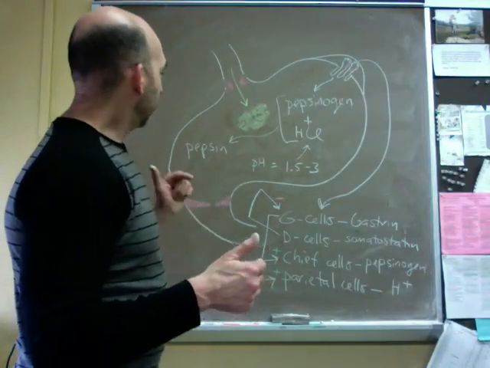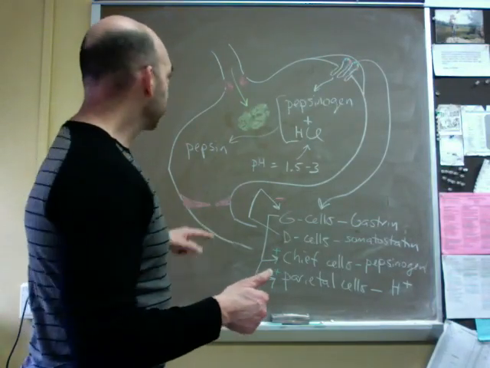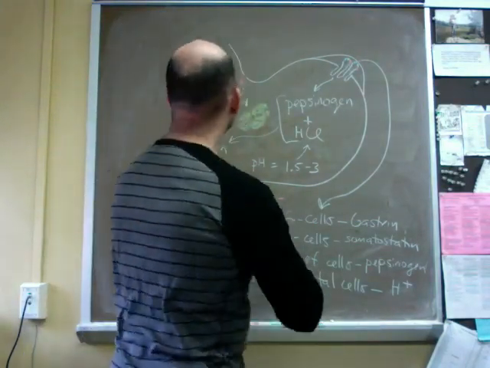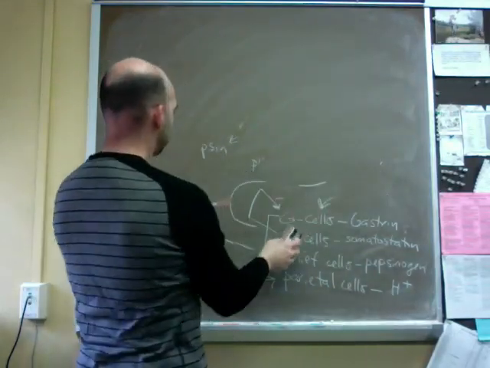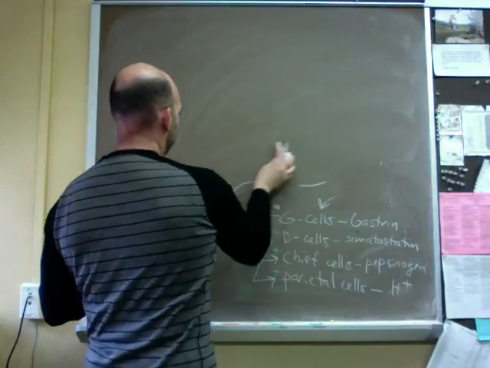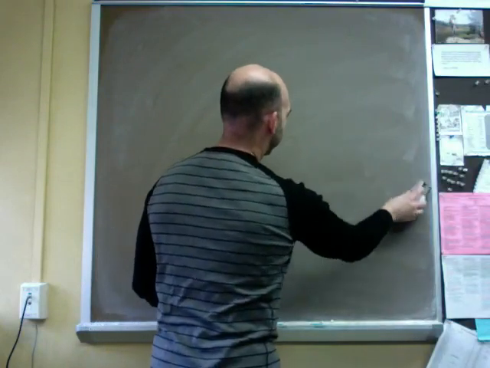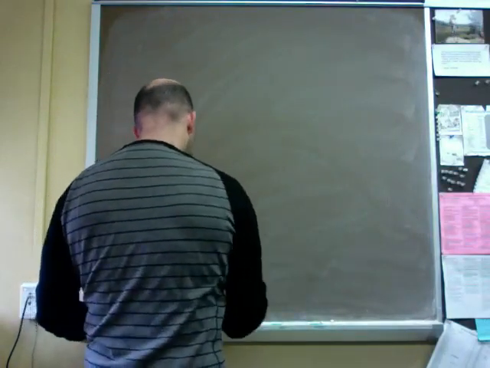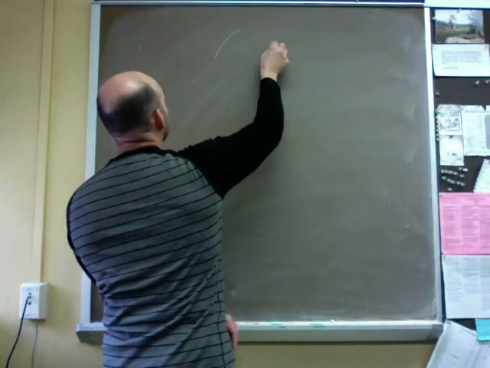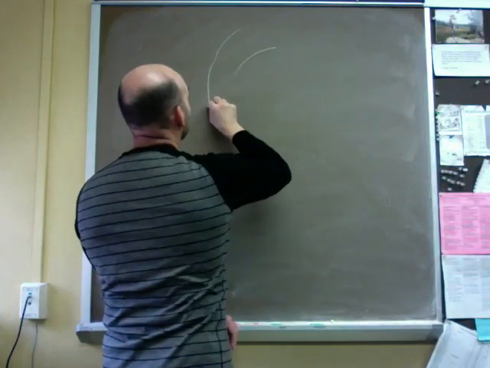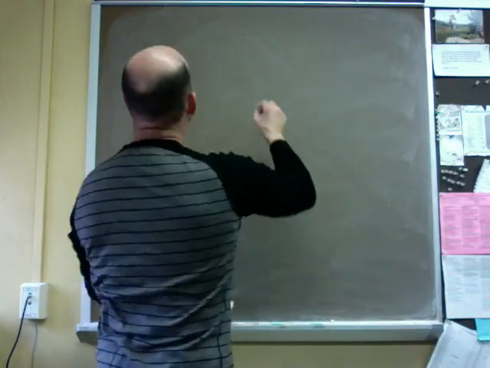Okay, let's get to the duodenum. All right, so I'm going to switch this. Now we have to keep this pyloric sphincter in the picture because we're going to have some actions that play back on that. So we'll have the stomach ending here. Shift it a little bit.